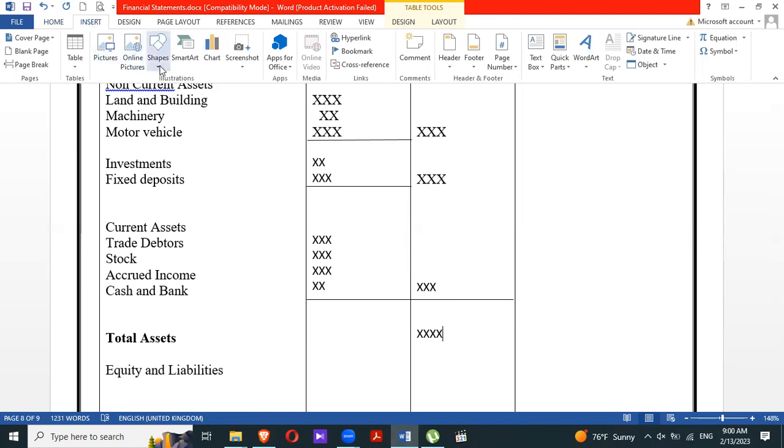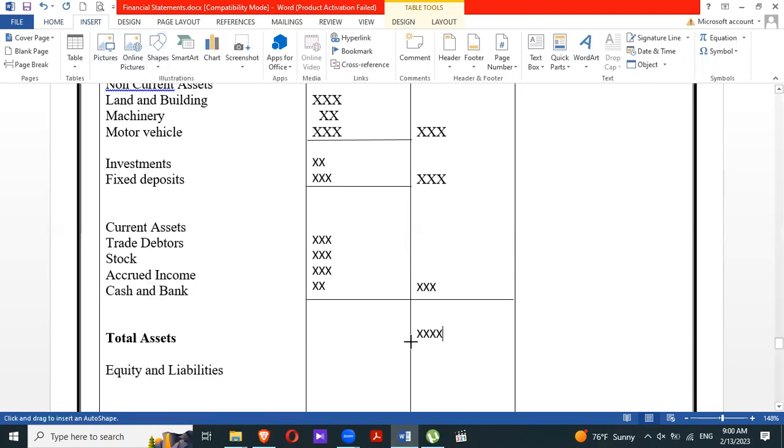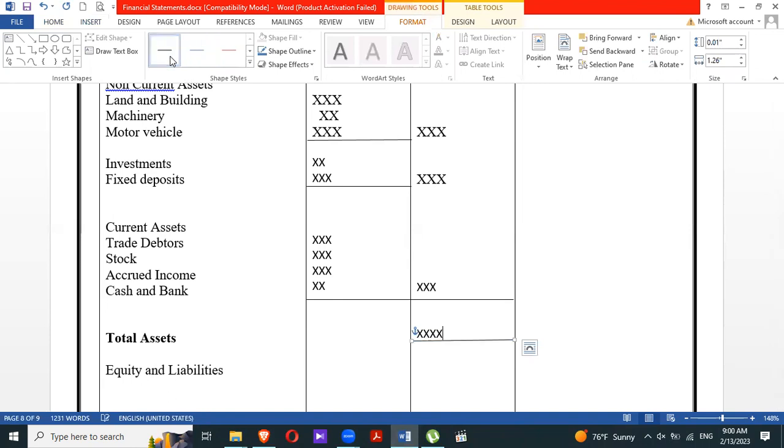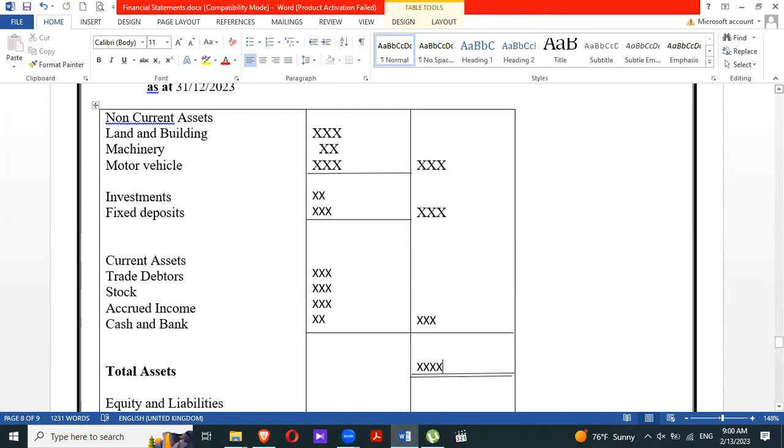Then you can put a double line here, after mentioning the value for total assets. Like this, you can finish the first part of the statement of financial position. The first part we have already finished.